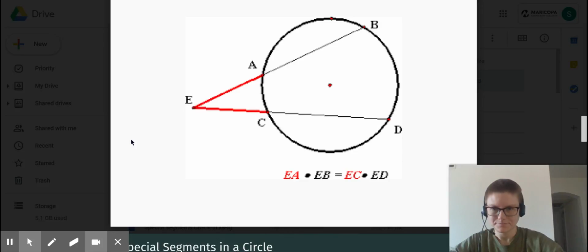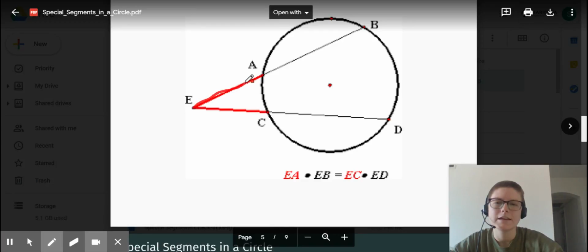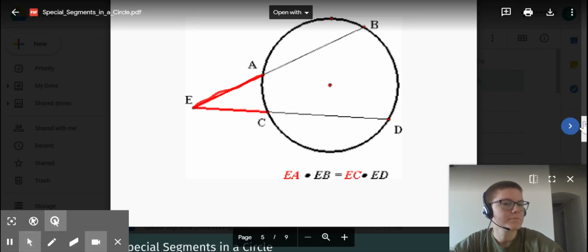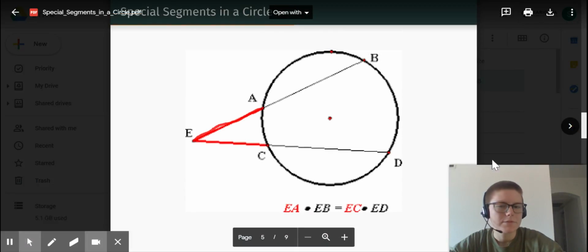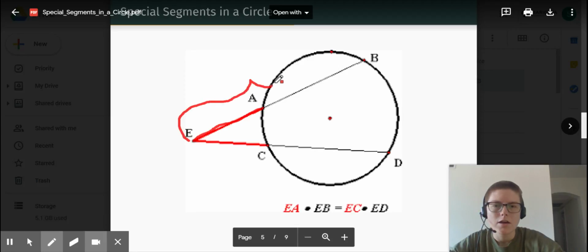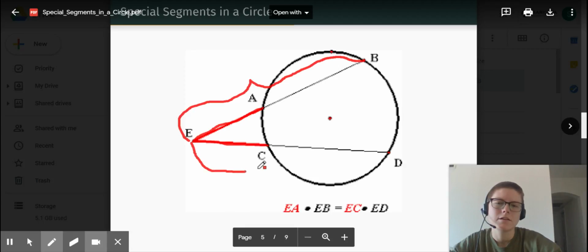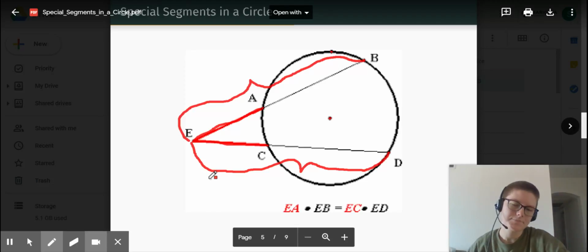All right. So this is just a picture to demonstrate. It says here EA, this guy, times EB, which is the full length of the secant, is equal to EC, which is the external secant segment, times ED, which is the full secant.